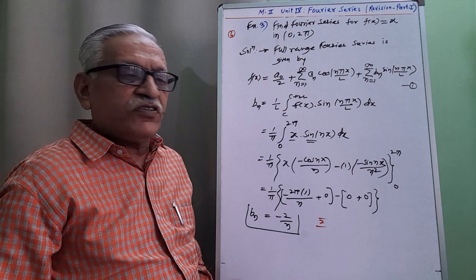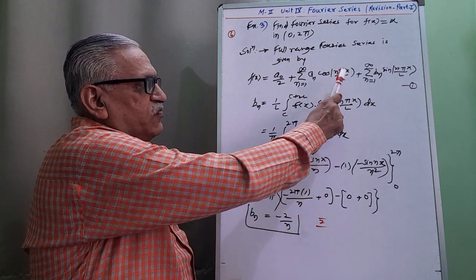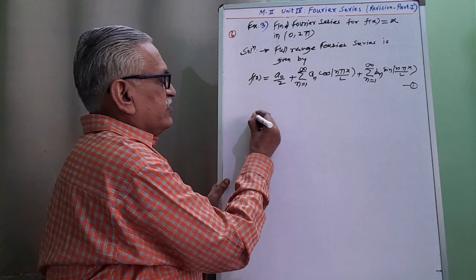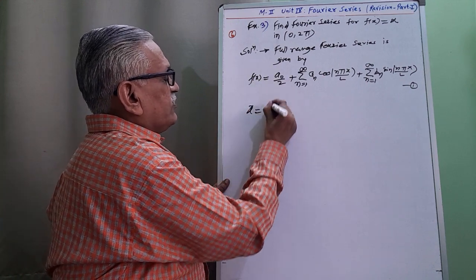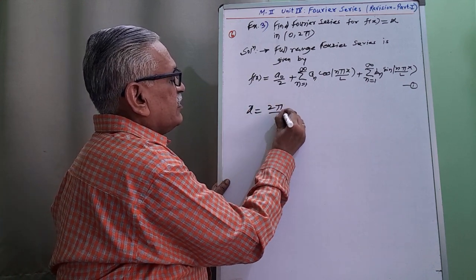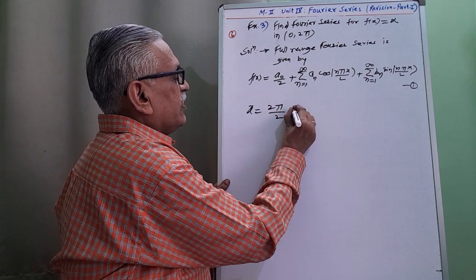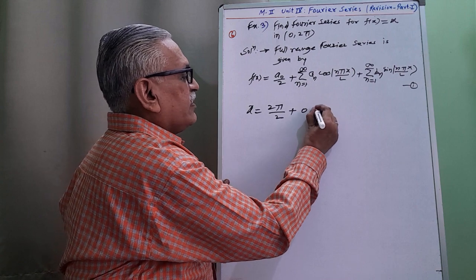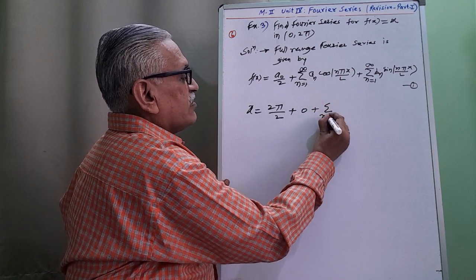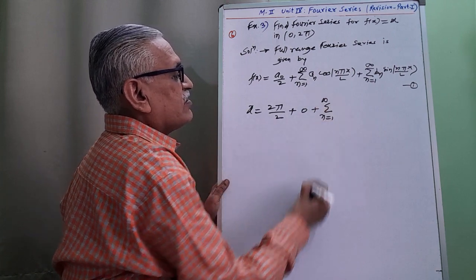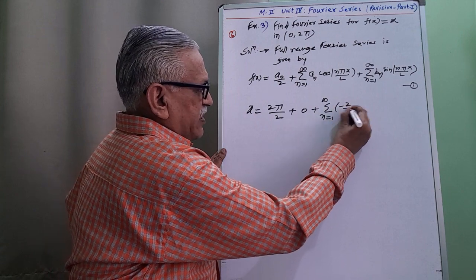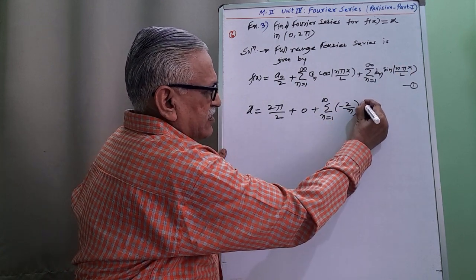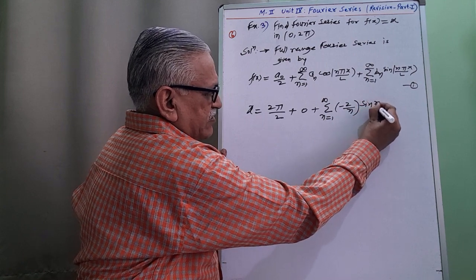Then substituting all these values here in equation 1, we get the required Fourier series. f of x is x, the value of a0 is 2 pi divided by 2, an is 0, second term becomes 0, bn is minus 2 by n, sin n pi x by pi, pi gets cancelled, we get sin of nx.